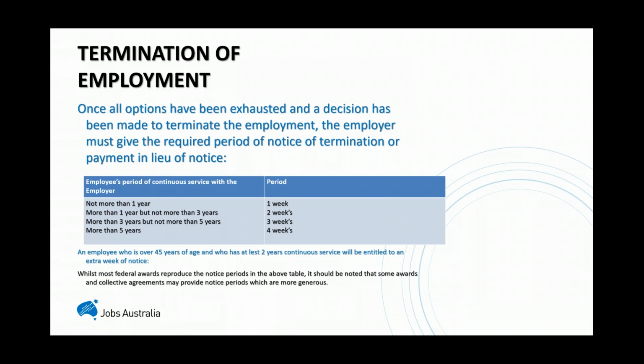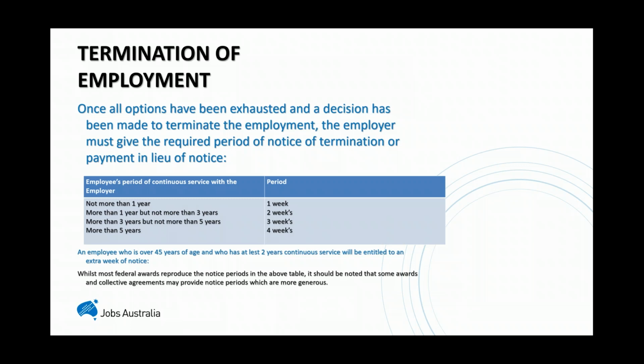Minimum notice periods are set out by the NES, and they range from 1 to 5 weeks pay based on the length of service and the age of the employee. Formal notice is only given after consultation processes. So be mindful of that. Don't be considering notice period at a time where you are consulting or at a time prior to consultation.